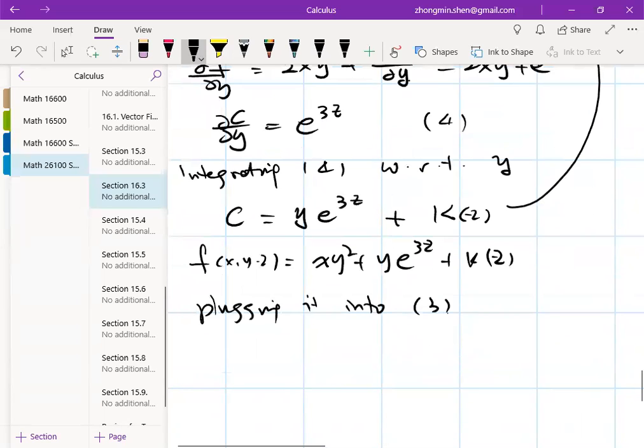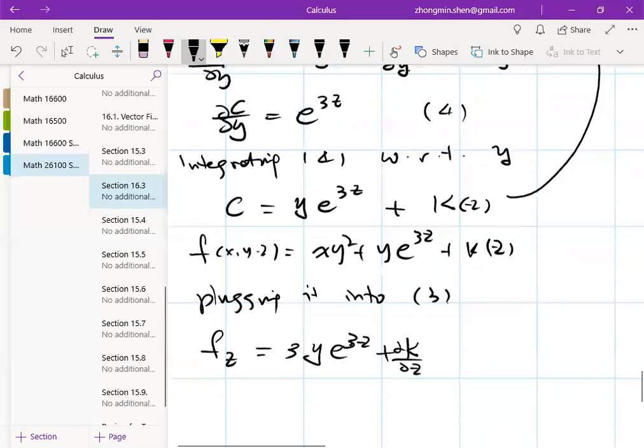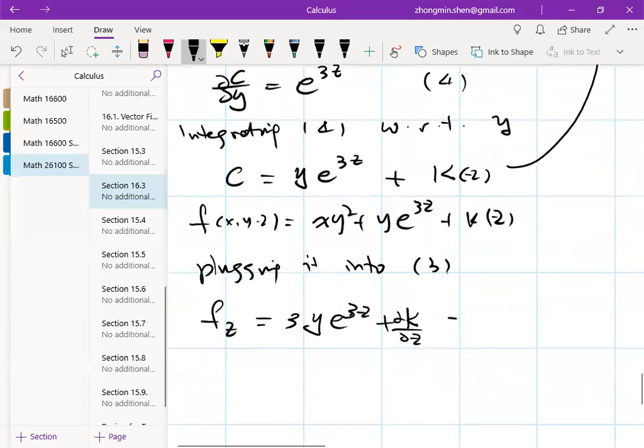If you plug it into the equation 3, the partial derivative of f with respect to z is going to be, that term is 0, so it'll be 3y e^(3z) plus K', right? And this is given by 3y e^(3z).